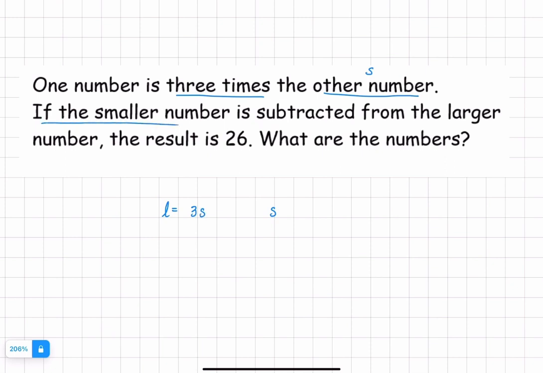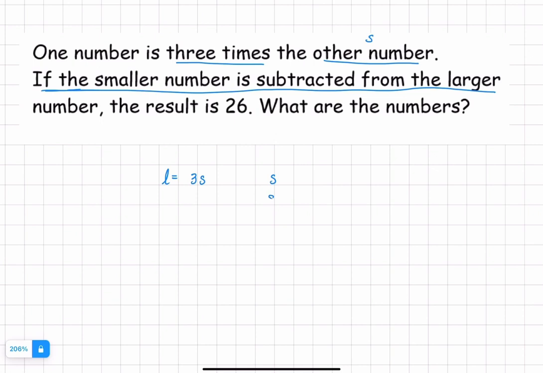If the smaller number is subtracted from the larger number, this whole sentence basically means that you're subtracting the smaller number from the bigger number. So 3s minus s. It's not s, the smaller number minus the larger number, but it is the larger number minus the smaller number, because you're subtracting the smaller from the bigger number or the larger number.